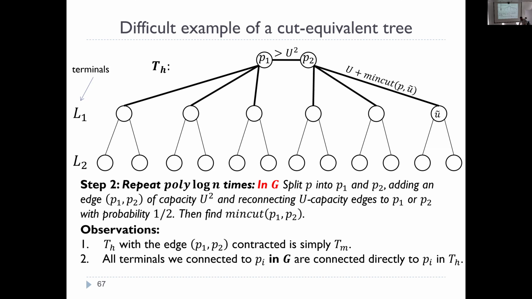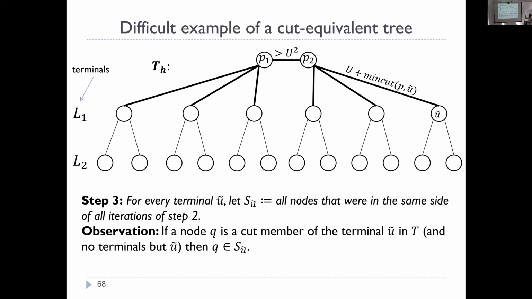So using that information, for every terminal U tilde in L1, we define S of U tilde to be all of the nodes that went with their parent in every one of those repetitions. And this gives us the Gomory-Hu tree. Do you have any questions about this?